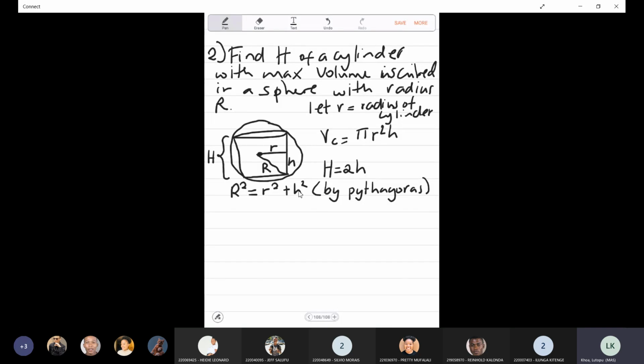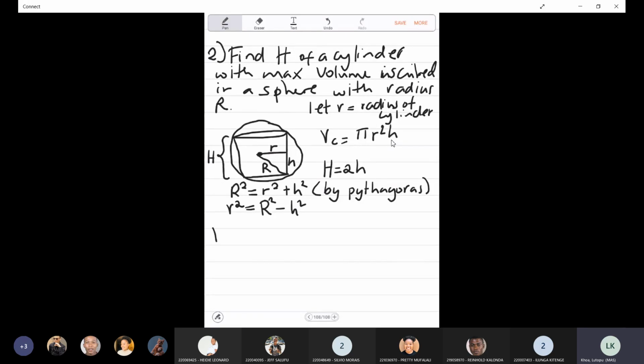From this equation here, we can say that r squared is equal to big R squared minus h squared. And keep in mind, big R is a constant. It's fixed, it's not a variable. So then I substitute this equation in there.